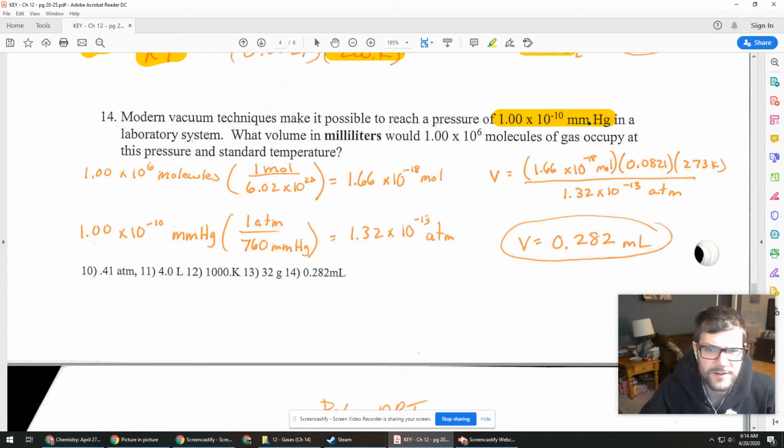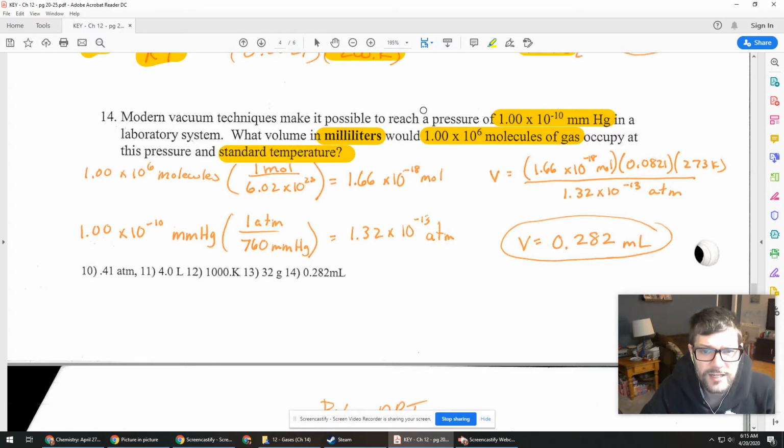So it's a very, very low pressure. And we want to know how much volume that gas would take up at normal pressures and normal temperatures. So we're looking for volume, milliliters, and we have the number of gas molecules, and we know we are looking for standard temperature. So there's a lot going on here.